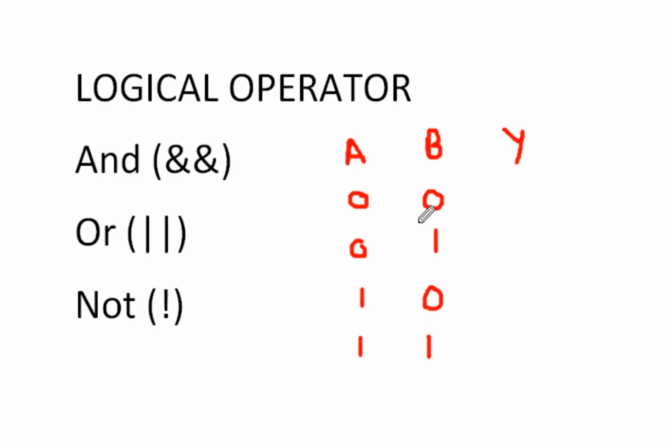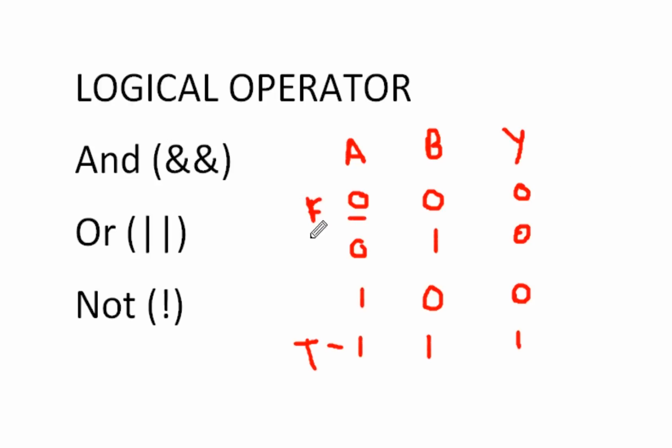In the case of AND, these bits get multiplied, so the values are 0, 0, 0 and 1. Here 0 is for false and 1 is for true. So if we have two conditions and both are false, then our result will be false, and if any one is false, then our result will also be false. If both are true, then our result will be true.